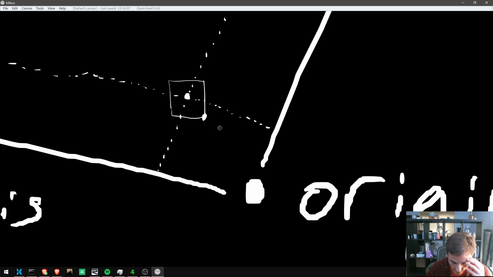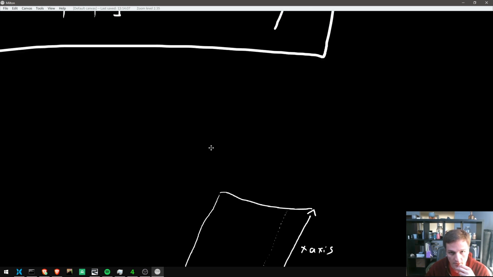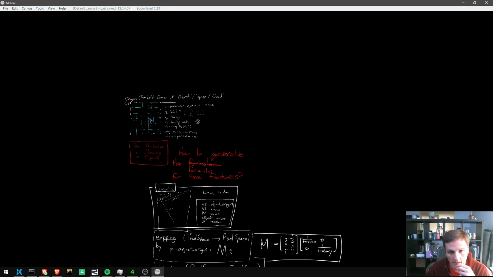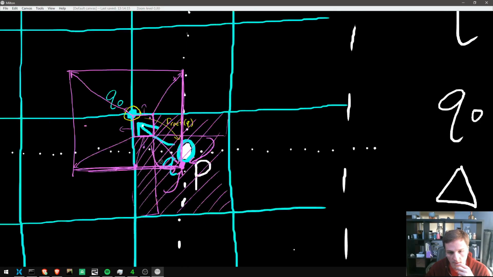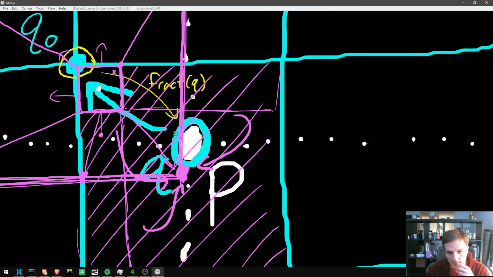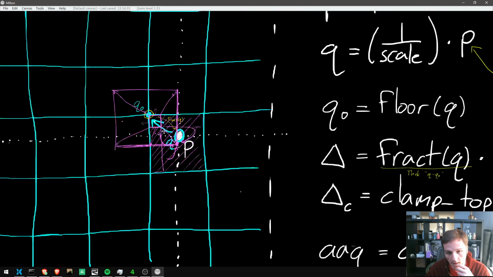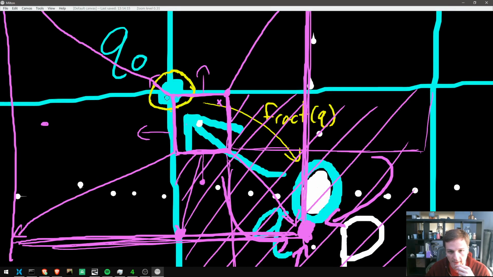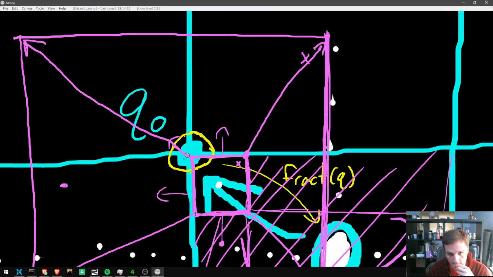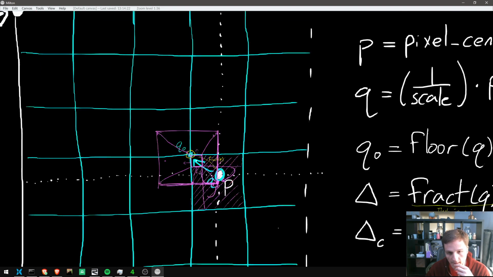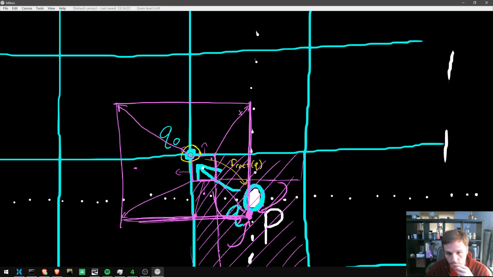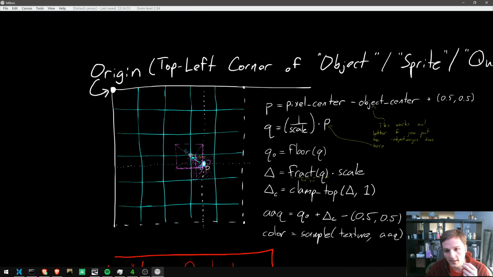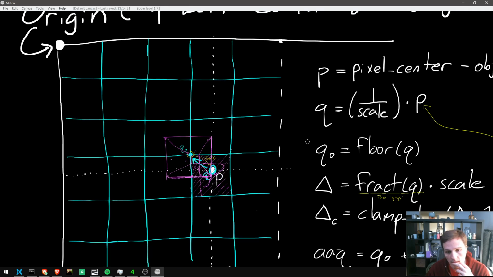The way I understood it, the reason to do this was so that if I took a pixel center, if this was P and I took this pixel center instead of P, or to put it another way, if I got a pixel center right here, right in between all these things, then it would look like an integer. But how do I want to say this? It would look like an integer in the space of it once it was converted to Q, right?